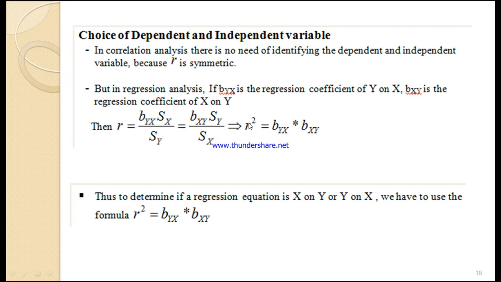This implies that R squared is equal to b sub yx times b sub xy. Therefore, to determine if a regression equation is x on y or y on x, or whether one variable is dependent or independent, we have to use this formula, R squared is equal to b sub yx times b sub xy.